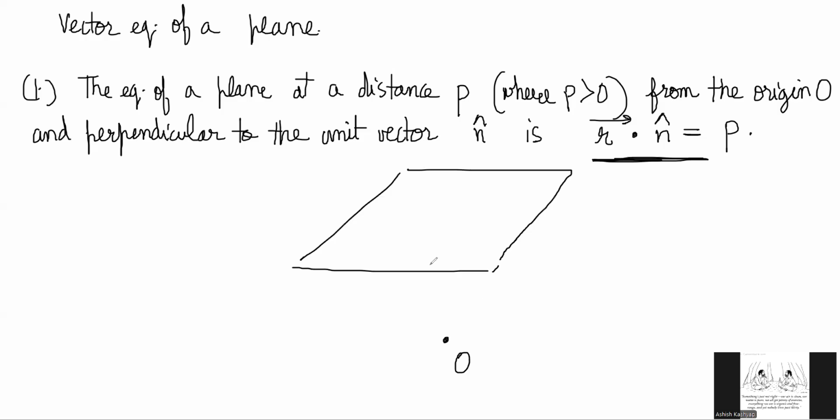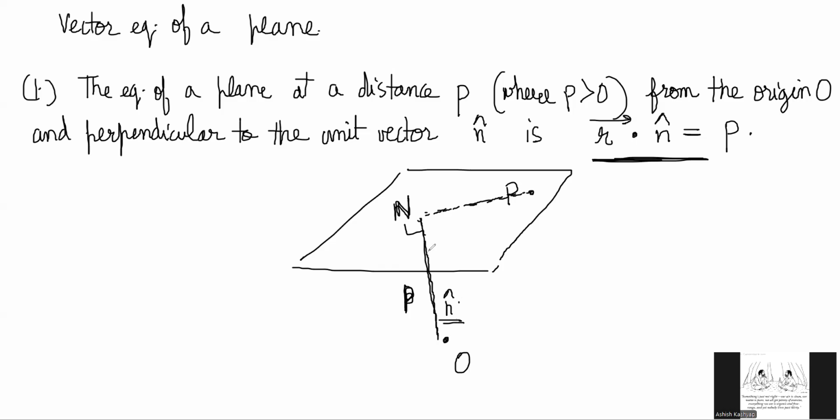So from the origin, I can draw a perpendicular to the plane, and this point is becoming my N, and this perpendicular distance is p, right? If you take a random point in the plane, some variable point capital P, then this vector NP lies in the plane, right? We also have that the direction of vector ON is n cap, right? ON is along the n cap direction.